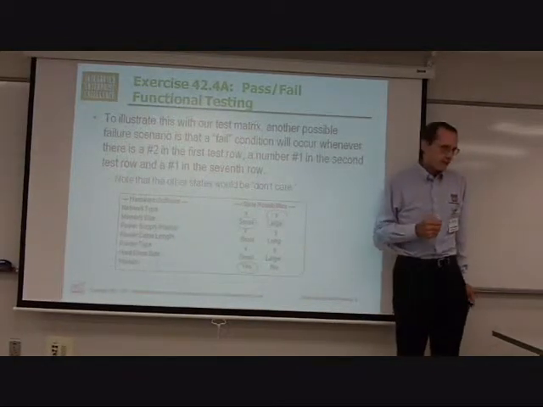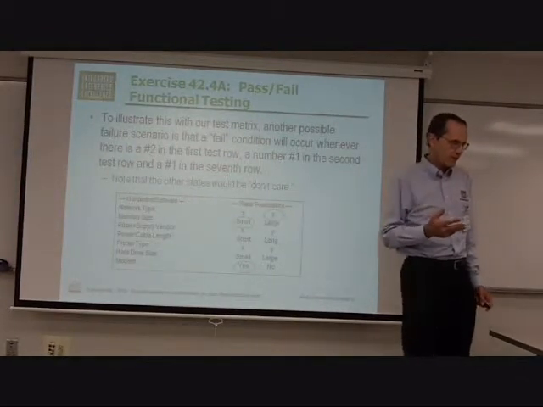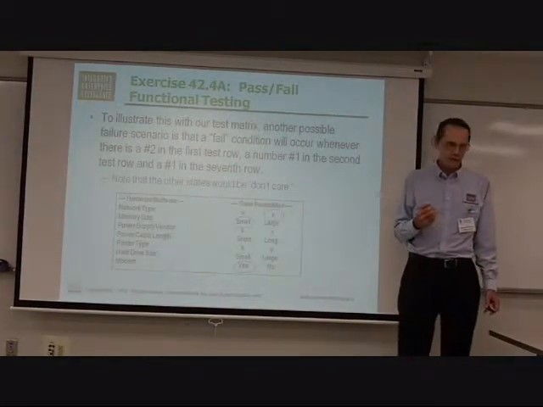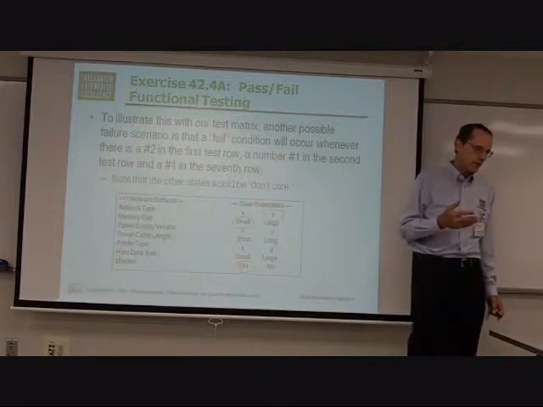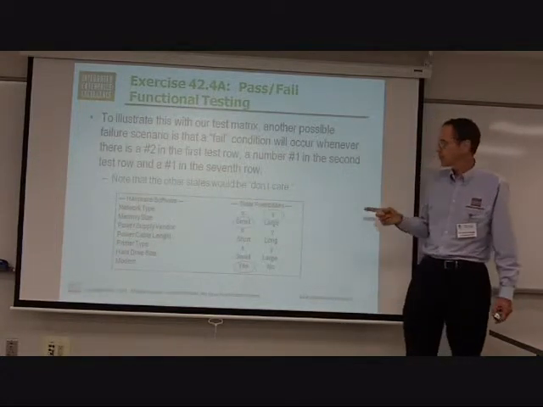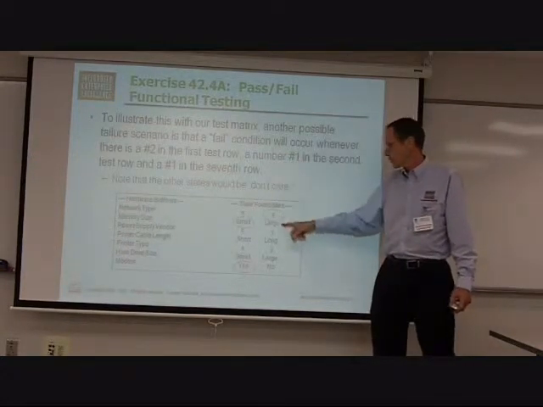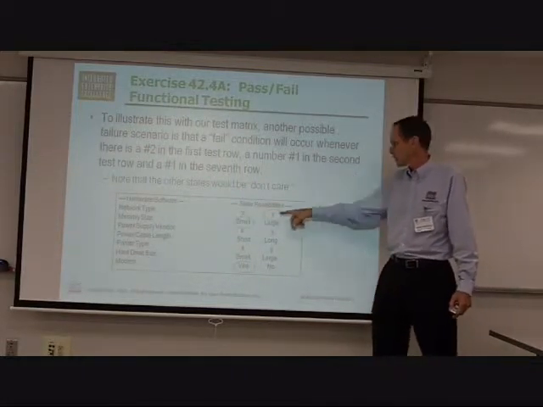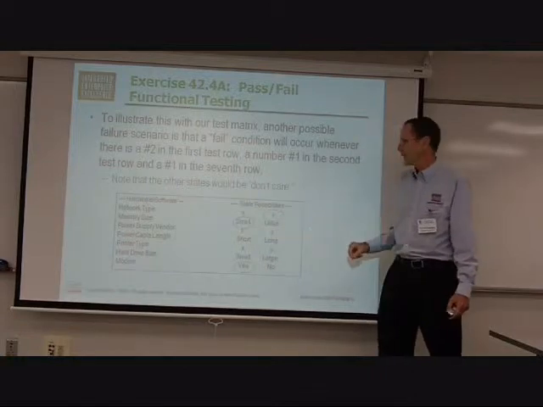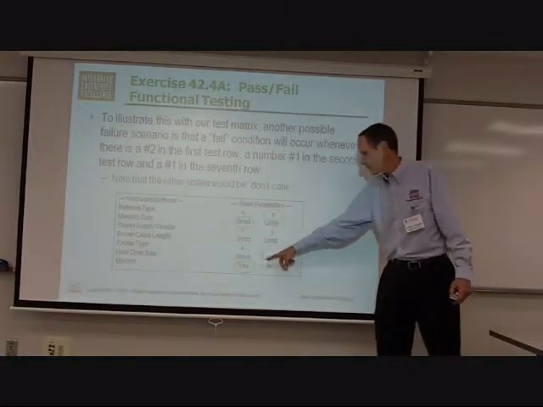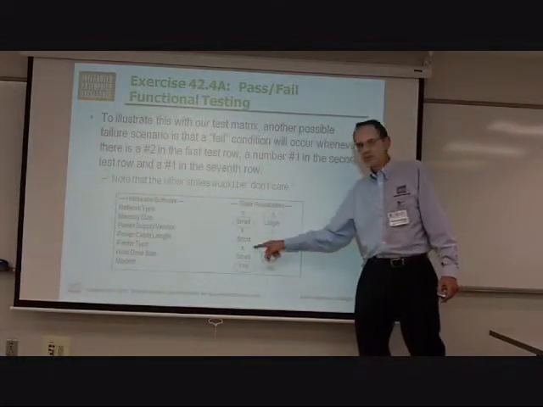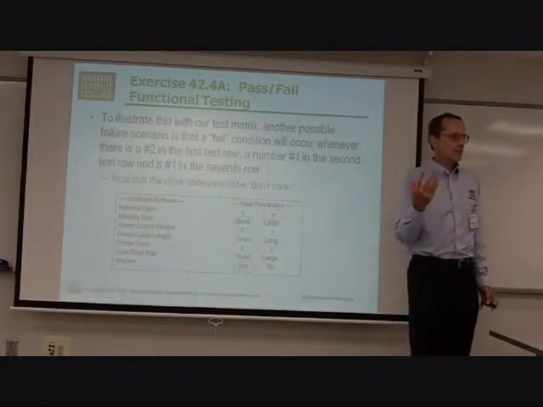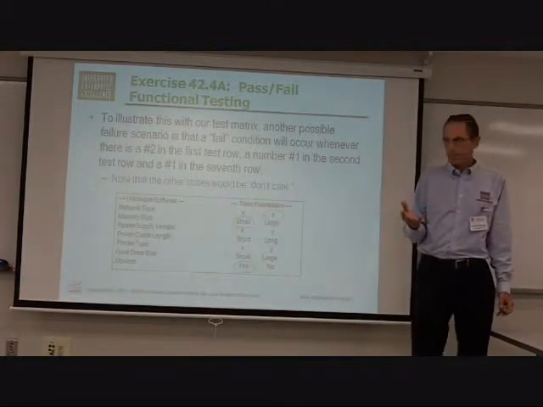To illustrate our test matrix, another possible failure scenario occurs whenever there's a number 2 in the first row, number 1 in the second row, number 1 there, and number 1 in the 7th row. So the idea is we want to make sure that those types of scenarios run.